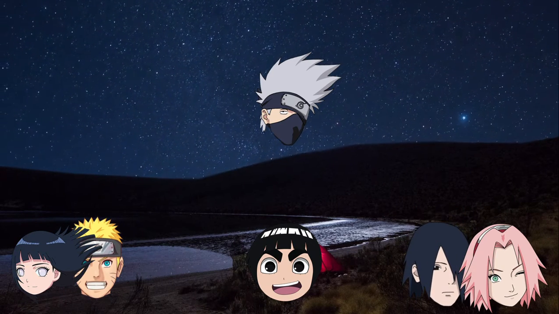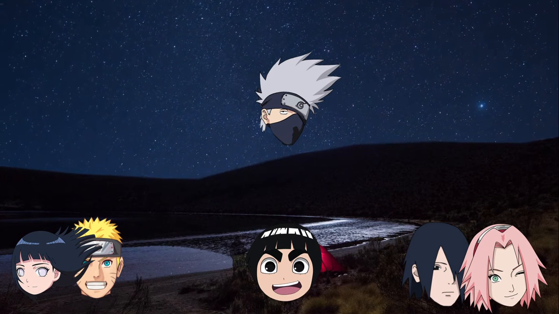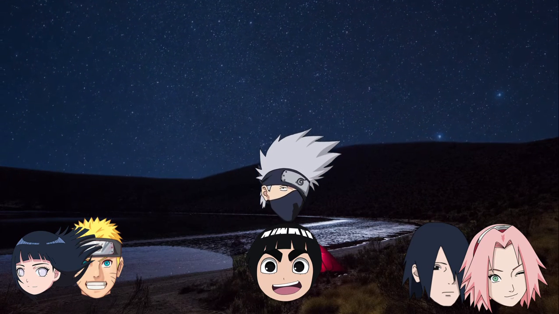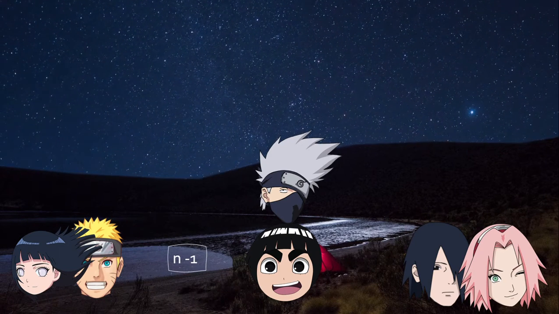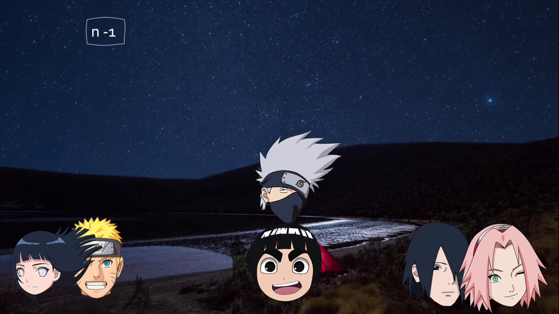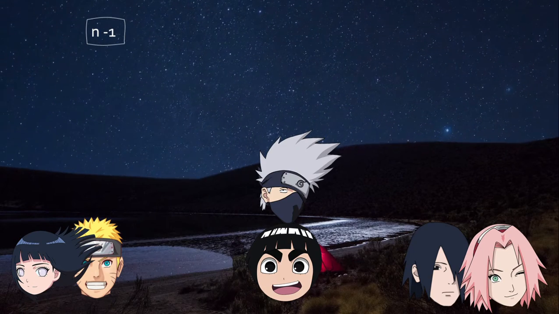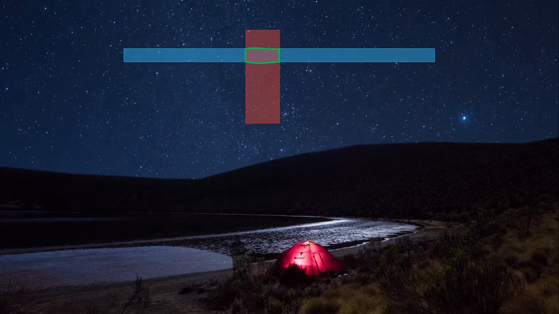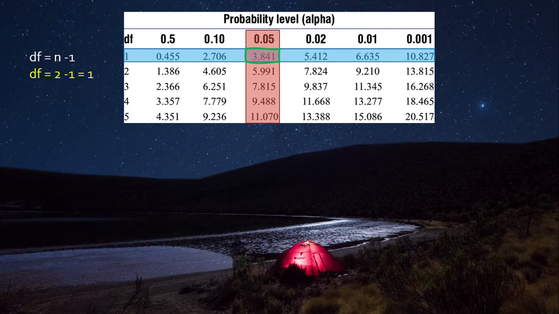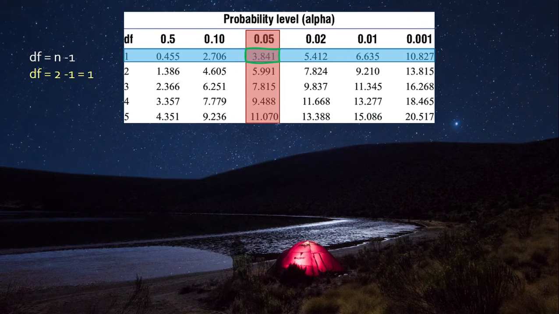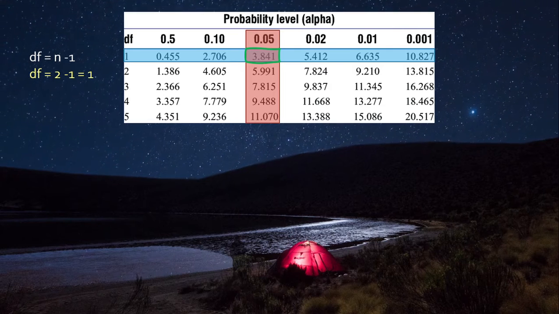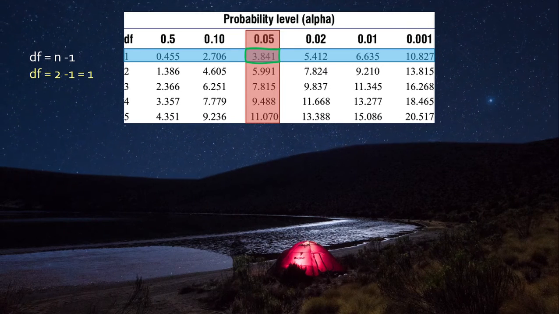But what about Kakashi? Kakashi will be left with no choice, isn't he? So Kakashi has to choose Lee. From this simple explanation, we can see that the degrees of freedom is always n minus 1. So what about here? We got degrees of freedom of 1, because men and women is 2, and 2 minus 1 is 1. So we have to focus on df equals 1.